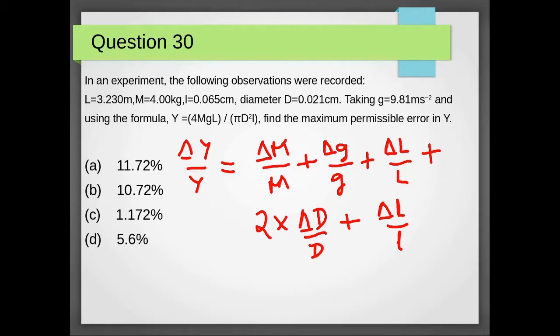When I calculate delta M by M, I will be putting the denominator as 400 because both the decimal places are significant, and I multiply the denominator by 100, so it becomes 4 into 100, 400, plus 9.81, again I multiply the denominator by 100, so it becomes 981, plus capital L is 3.230.